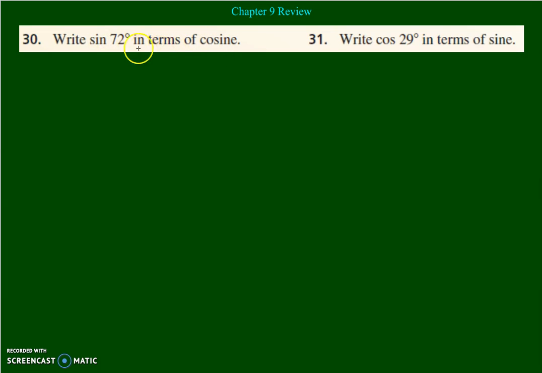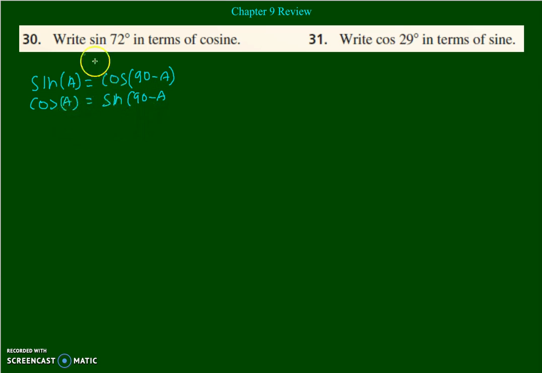Sine and cosine are simply shifted 90 degrees from each other, which means that the sine of some angle A equals the cosine of 90 minus A, and vice versa. Cosine of some angle A equals sine of 90 minus A.